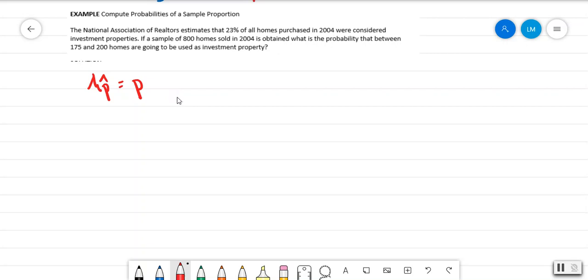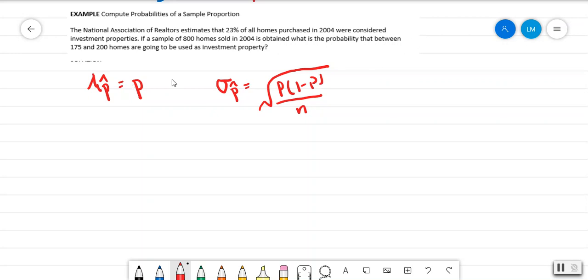The other thing I can mention is the standard deviation, and that's equal to the square root of p times 1 minus p divided by n. Try not to get too confused on how you get n. N is just the sample size again. And what we're saying is that the mean is actually the population proportion. So this describes the p hat distribution.